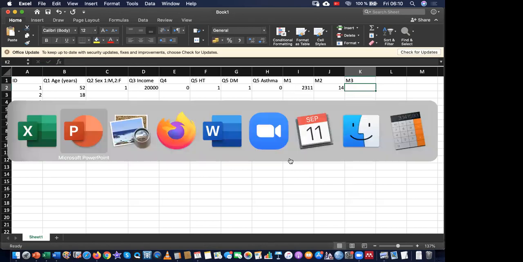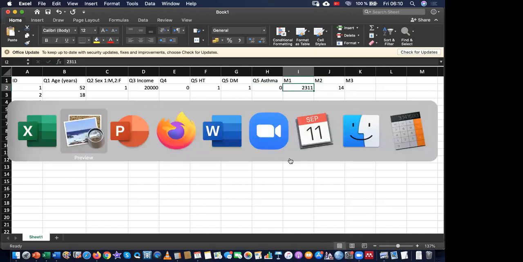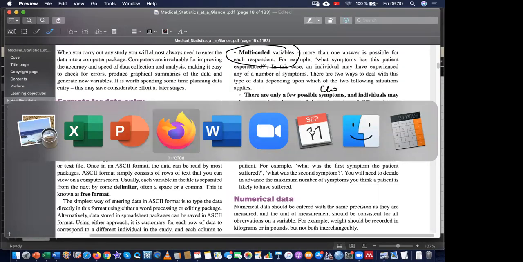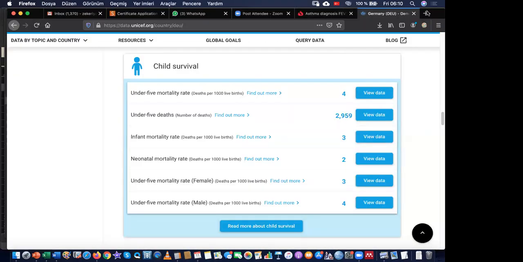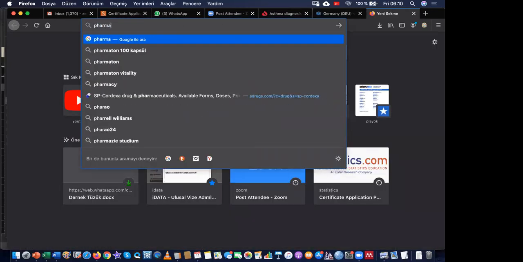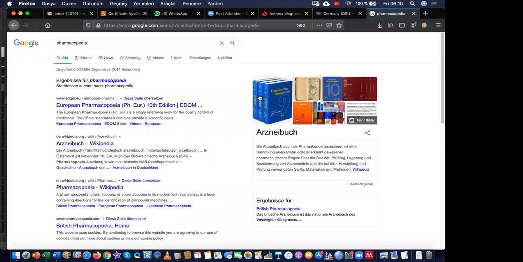Sir, what is this 2311 in paracetamol? This is in a list of medications, let us see, the pharmacopoeia.